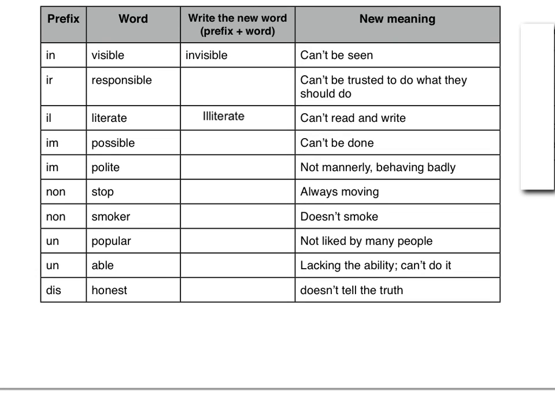Okay, so now I've got the word visible, and I add in to it. And I get the word now invisible, which means can't be seen. I have responsible, I add the prefix ir to it. And what do I get? I get a word that means irresponsible.